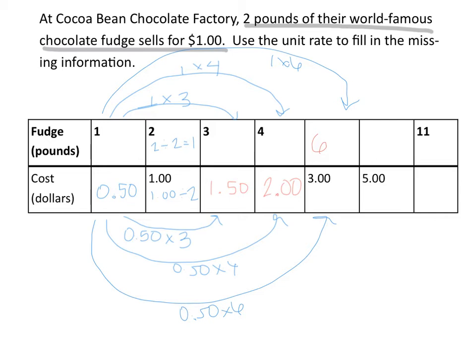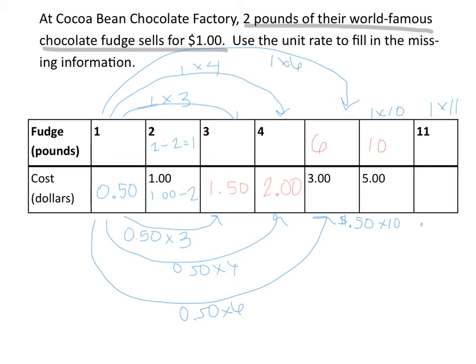I imagine you're running out of room like I am, so to get $5, we would say 50 cents times 10, which means we would then say 1 times 10, and that's how we'd get that $5 would buy us 10 pounds of fudge. To get 11 pounds of fudge, that's 1 times 11.